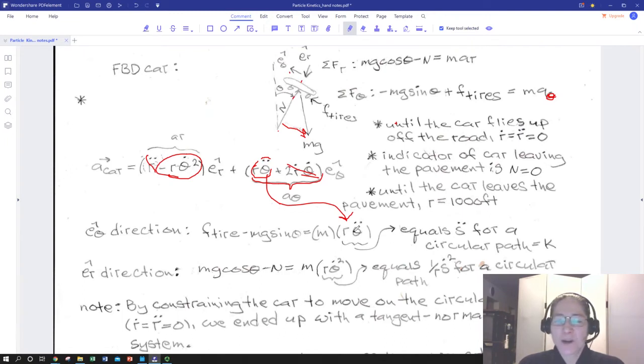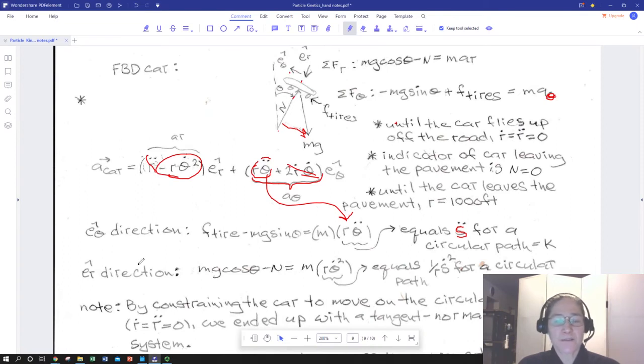So r theta double dot is the same as s double dot, since I'm on a circular path. This s double dot is the tangential acceleration for a tan normal, because I was given that specifically, the value of k of 6 meters per second squared.